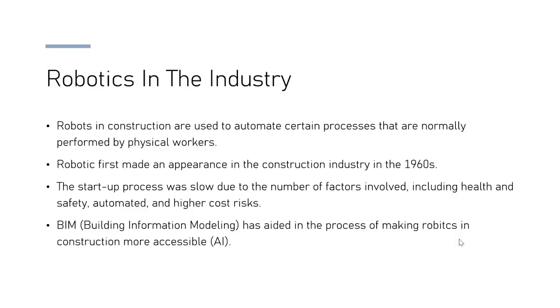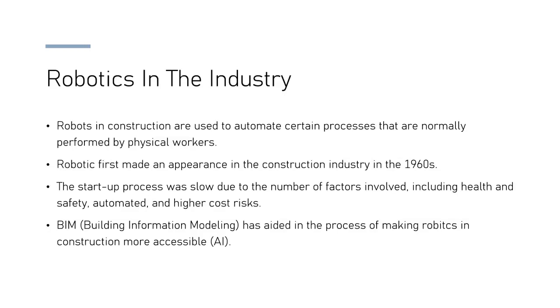So going on a little bit further, let's talk about some robotics. Now that we're talking about modern day architecture, robotics first made an appearance in construction in the 1960s. The purpose of robotics is to automate certain processes that are normally performed by regular workers.